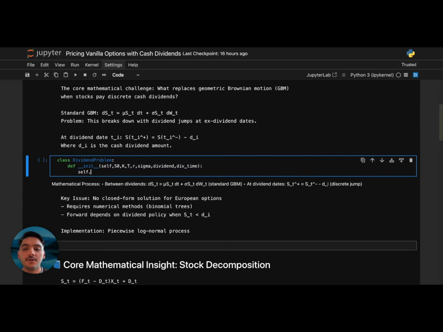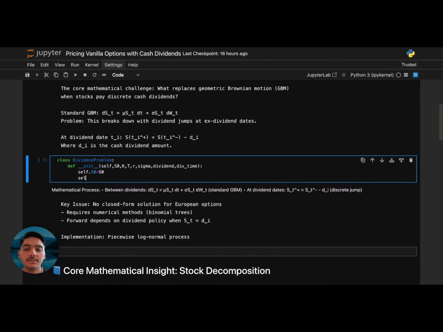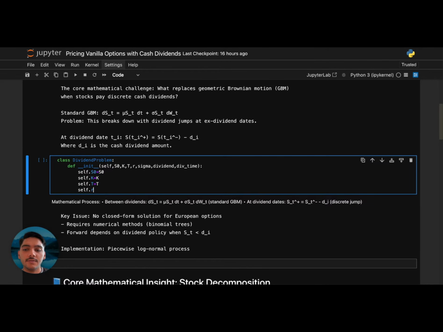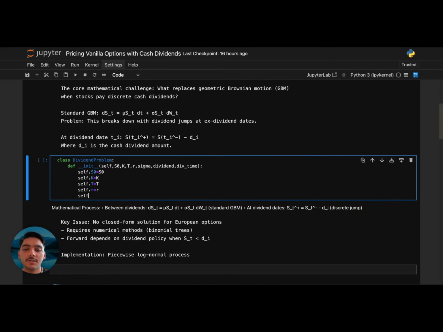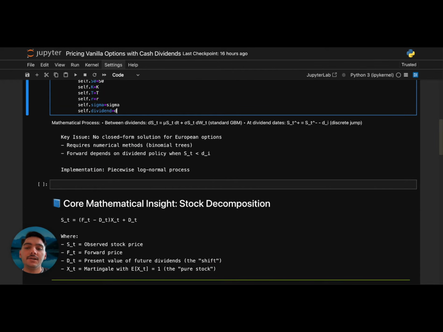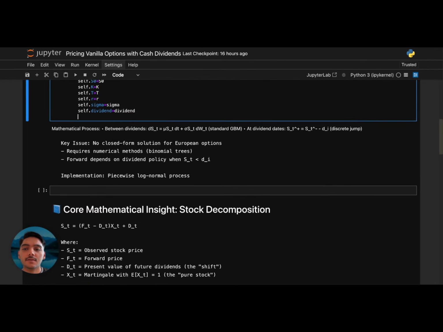Let's initialize self.S0 equal to S0, self.K equal to K, self.T equal to T, self.r equal to r, self.sigma equal to sigma, self.dividend equal to dividend, and self.dividend_time equal to dividend_time.